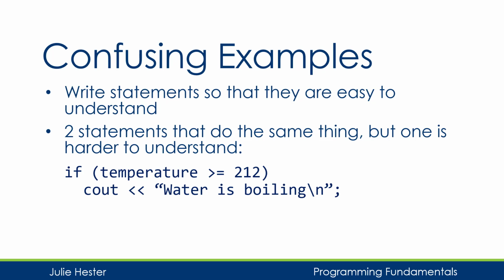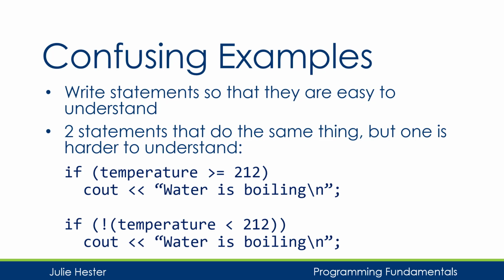It's going to have the same output, but it's harder to understand. Now I'm going to compare temperature to less than 212, and whatever that expression's value is, I'm then going to negate that and take the opposite of it and reverse it. So now I have multiple things going on. I'll have the same result, but it's much harder to understand.